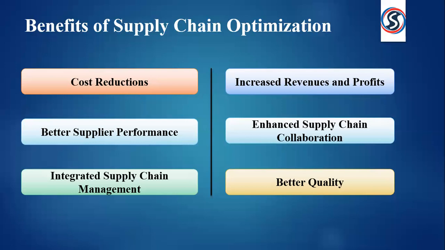Coming to the next point, enhanced supply chain collaboration. The organization ecosystem that we have consists of suppliers, partners, vendors, and all the interfaces that are connected to them. If we bring all these entities together in a single supply chain optimization solution, this enables better collaboration and innovation.